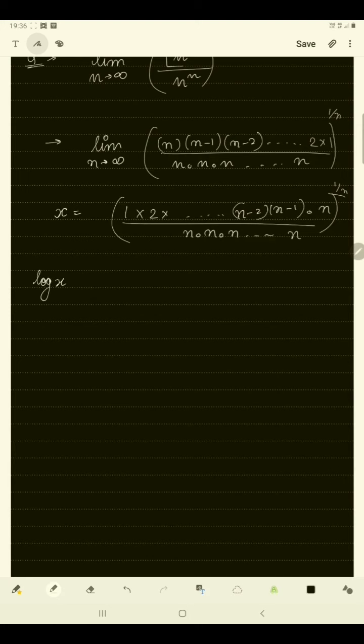So we introduce log over here, and by introducing log over here we also introduce log on this side.